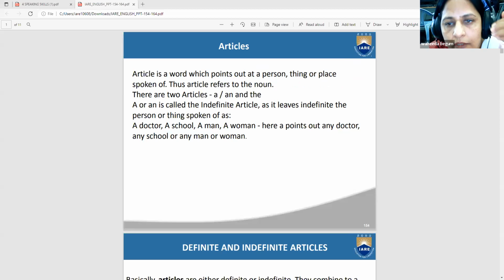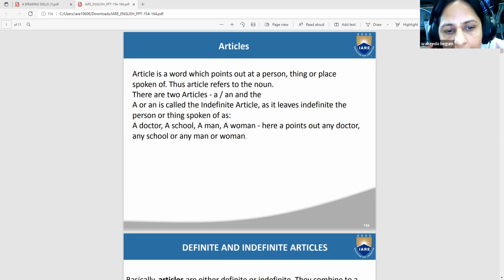I saw the doctor, where the article the points out some particular doctor. I picked the orange. I met the doctor, that particular doctor.